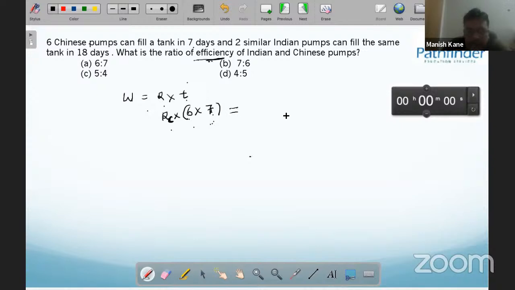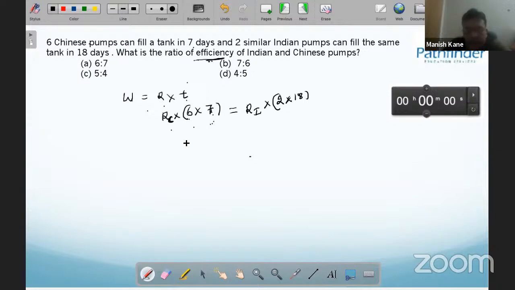And this work must be equal to the work done by Indian pumps. So the rate of Indian pumps, let's call it RI, multiplied by the time: 2 similar Indian pumps can fill it in 18 days, so 2 multiplied by 18 equivalent days.